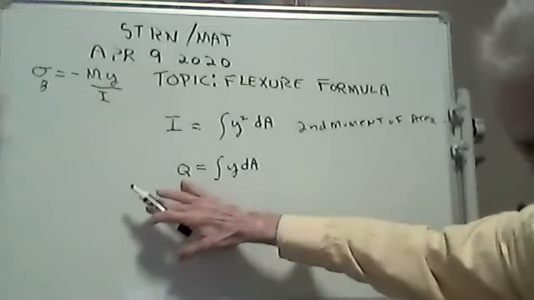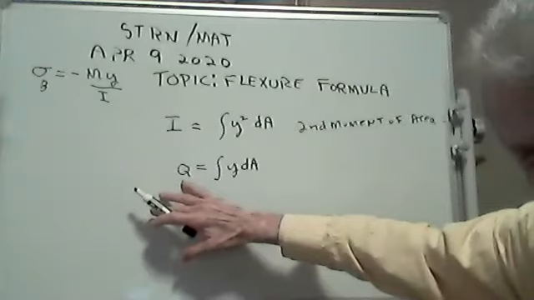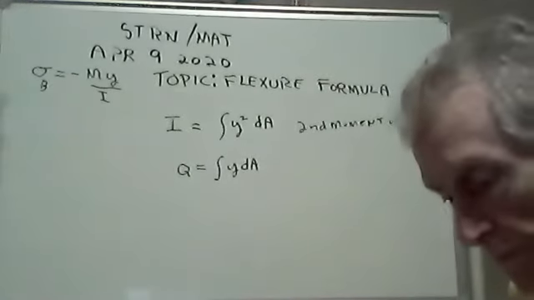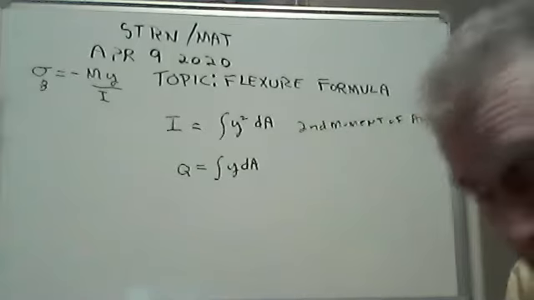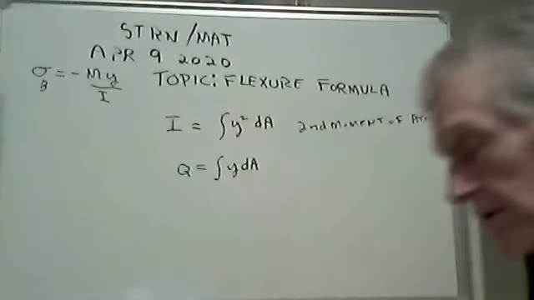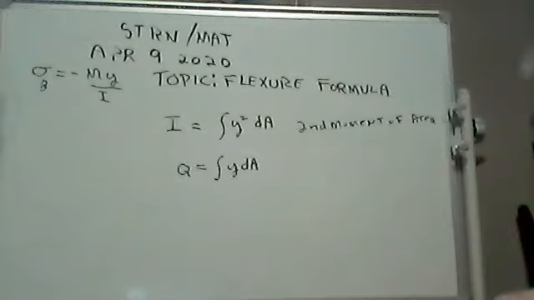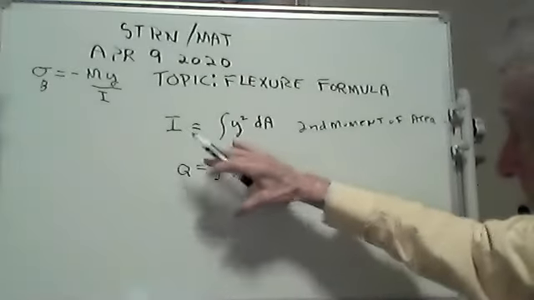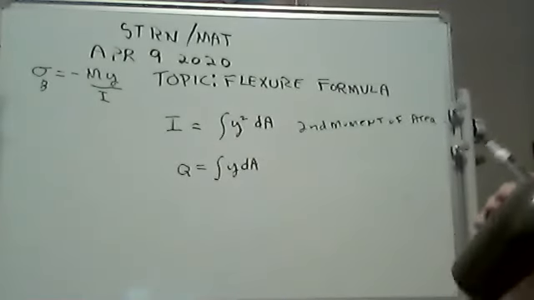Did they use a capital Q or a little q? Does anyone remember? Capital Q; lowercase q was for shear flow. You're absolutely right. The little q was for shear flow. Now, this is called the first moment of area. That's called the second moment of area.